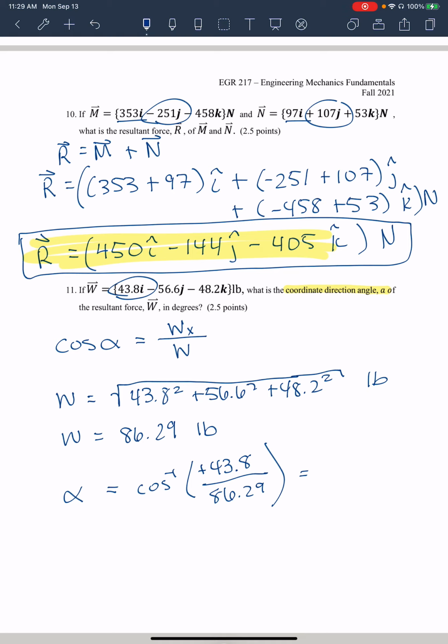And that equals, so make sure you can do this. And then you get 59.5 degrees. Is alpha. It just asks for alpha.